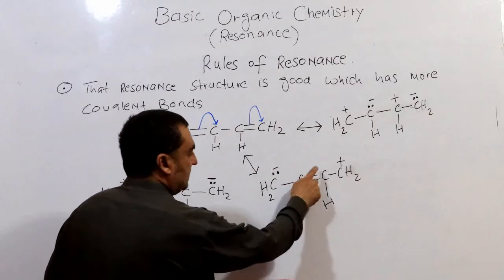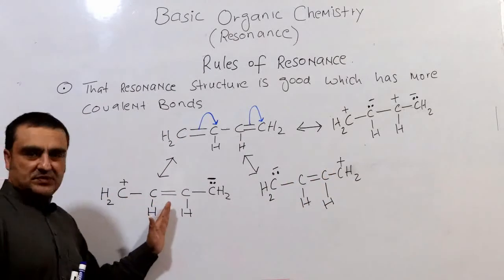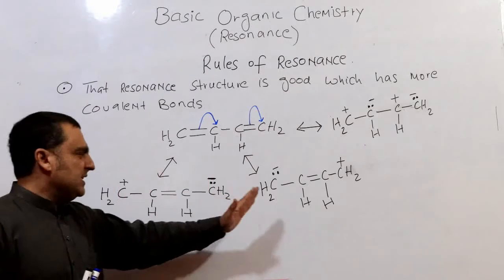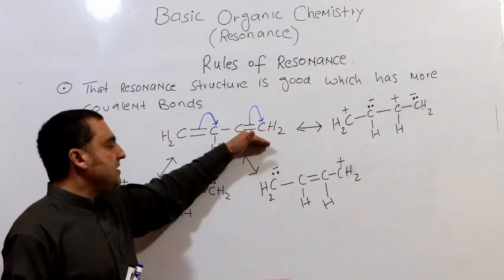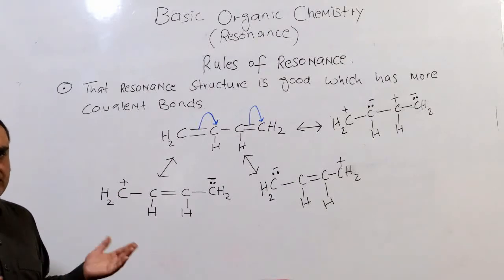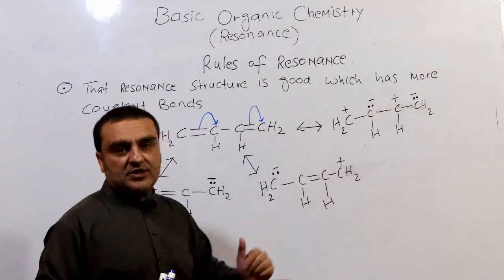This has 1, 2, 3, 4. So this is a good structure. This structure is not good, and we will see in later cases why it's not good. And this structure is again not good. This is the best. These are okay because somehow they have some covalent bonds, 4, 4, and this is the worst structure.